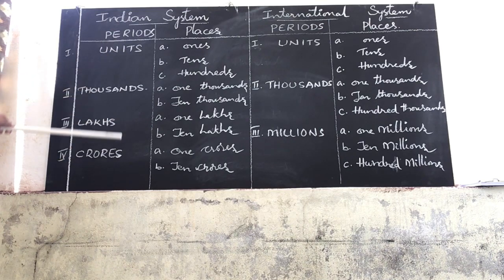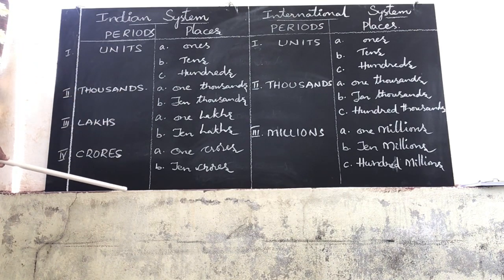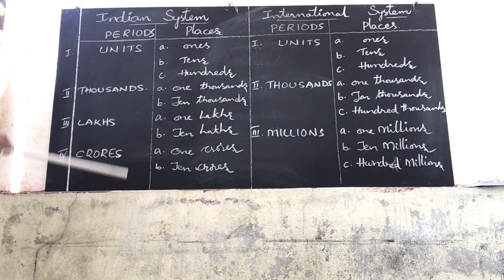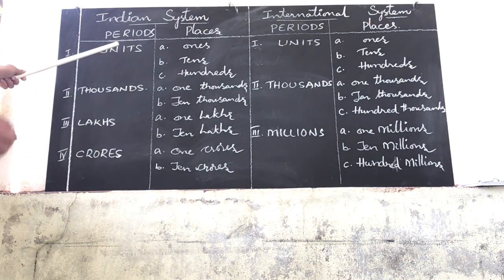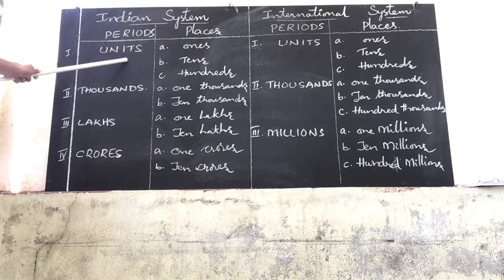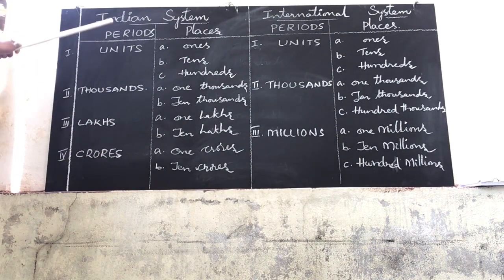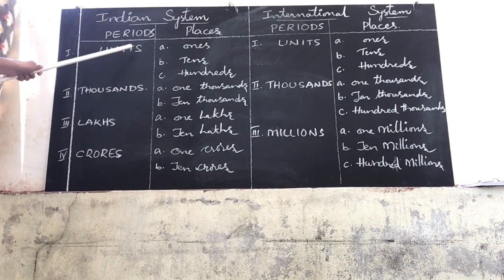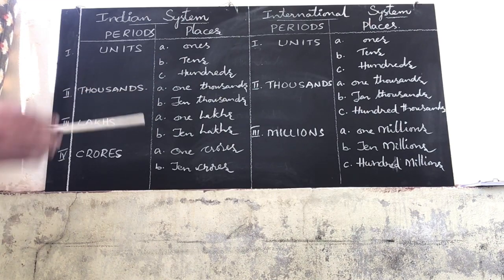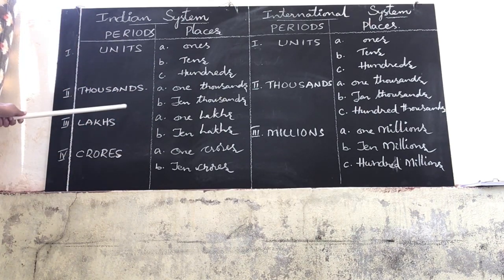These periods we have to remember from top to bottom and bottom to top. While writing the number name, we come from the units period onwards: units, thousands, lakhs, crores. But whenever you are writing the numeral, we have to come from down to up. That means crores, lakhs, thousands, units. So you have to remember both ways.